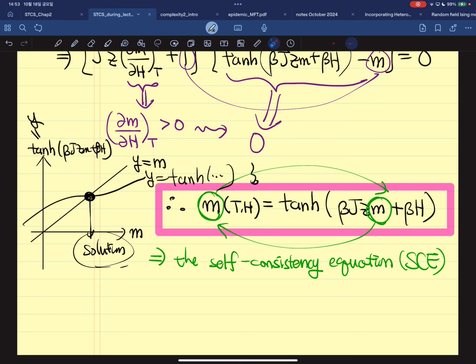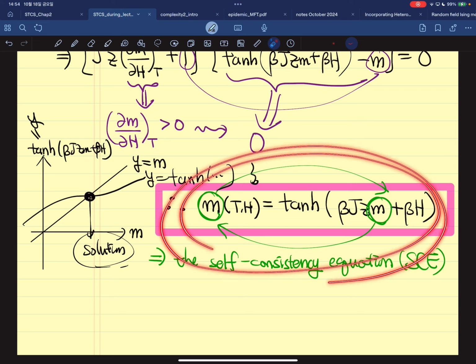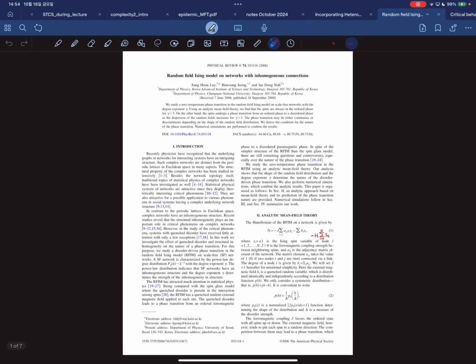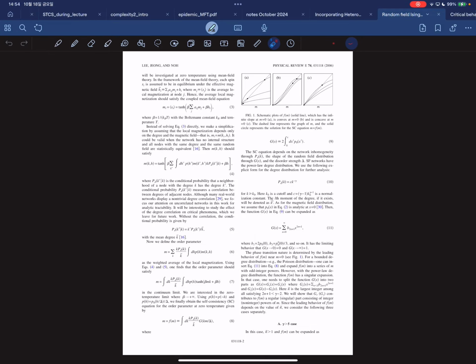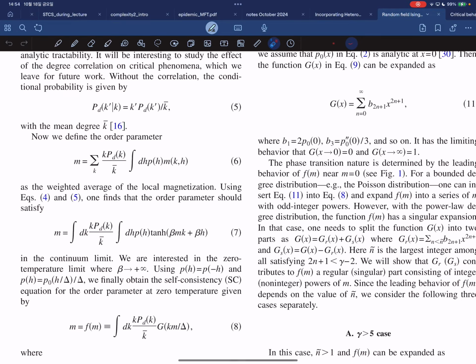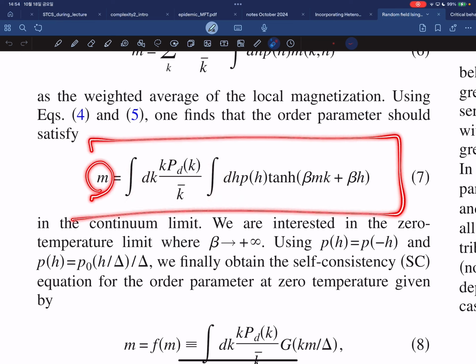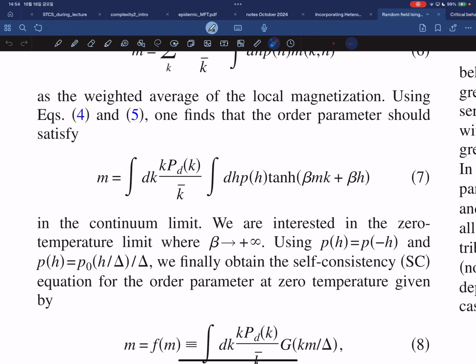But if you keep this formula in your mind, and if you go back to this paper of mine again, it has a much more complicated but similar formula. Except for this integration over h and k, this formula is quite similar to the mean field approach.